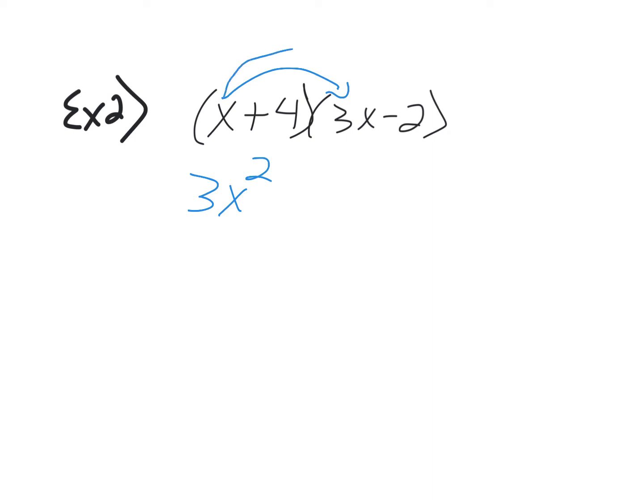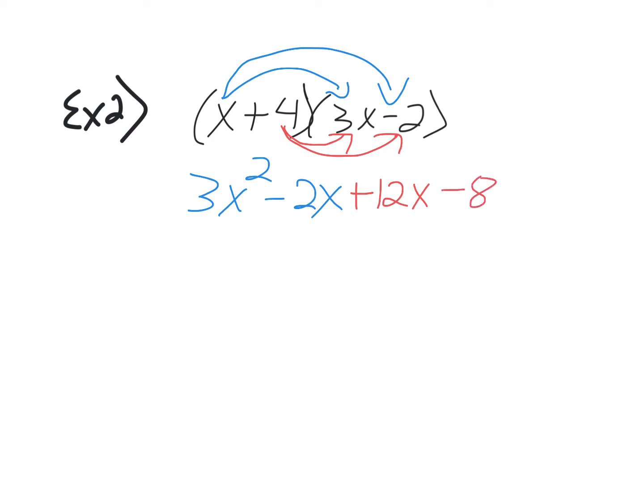Then on the outside, we have 1x times negative 2. Well, 1 times negative 2 is negative 2, and of course that's an x, negative 2x. Then we come to the 4, and we multiply 4 times 3x, which is a positive 12x. And then we have 4 times negative 2, which is minus 8.